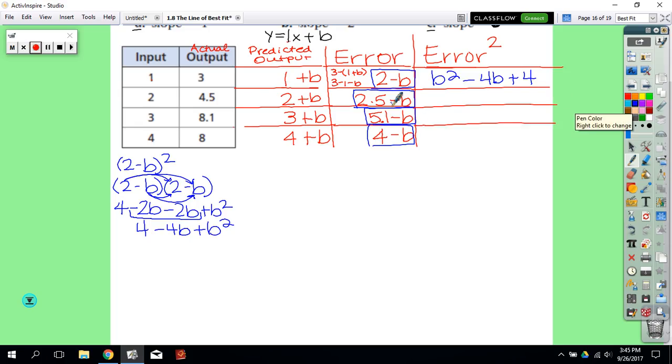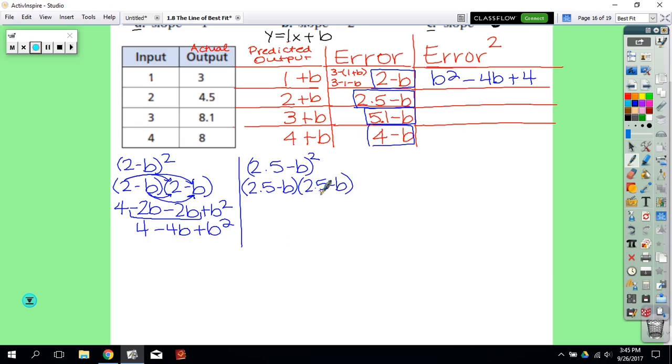All right, the second one that we're going to do is 2.5 minus b. So 2.5 minus b, quantity squared means 2.5 minus b times 2.5 minus b. And again, distribute the 2.5 first.